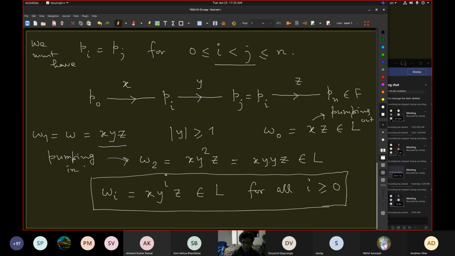That is why this is going to be called the pumping lemma. Pumping out one occurrence of Y you can pump out, and you can pump in as many occurrences of Y as you want.